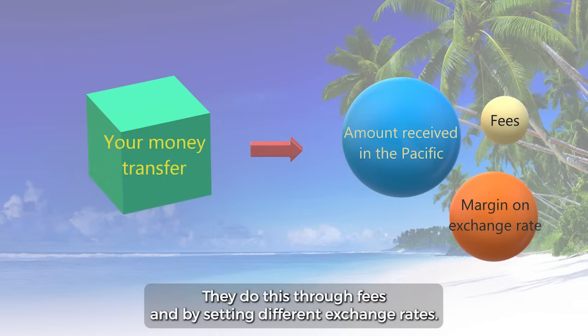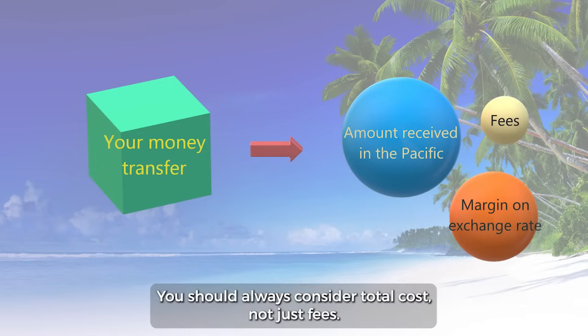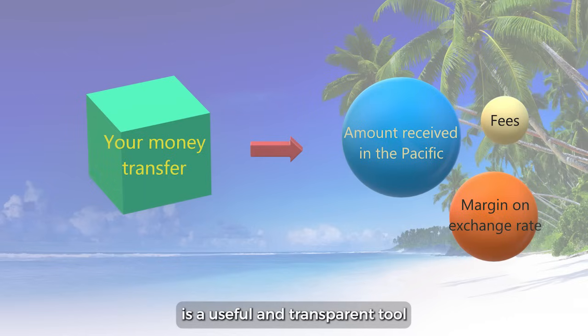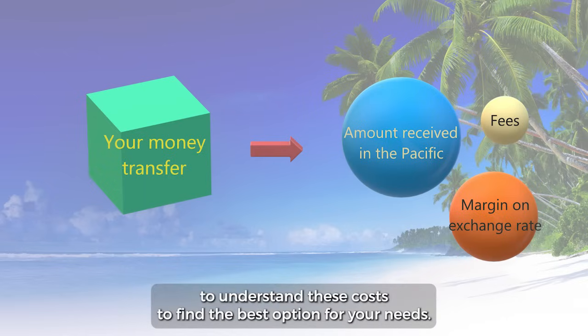They do this through fees and by setting different exchange rates. You should always consider total cost, not just fees. This information is not always clear on MTO websites, which is why SendMoneyPacific is a useful and transparent tool to understand these costs to find the best option for your needs.